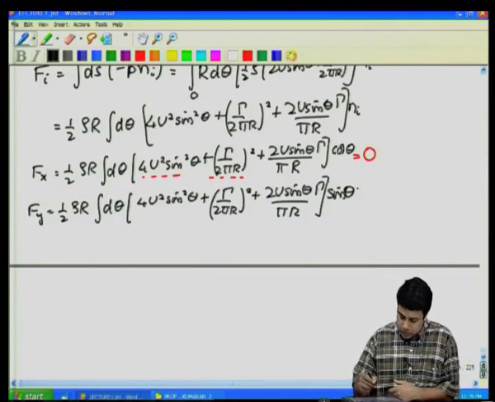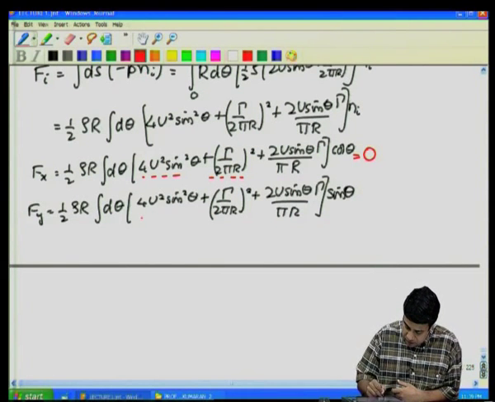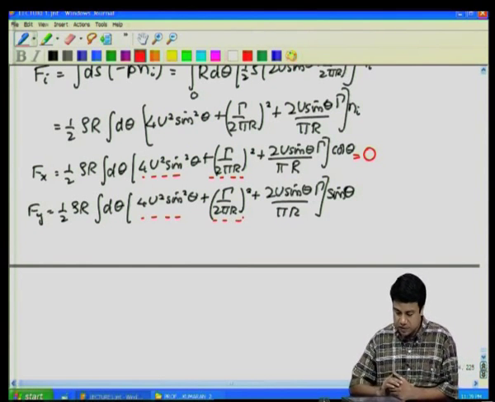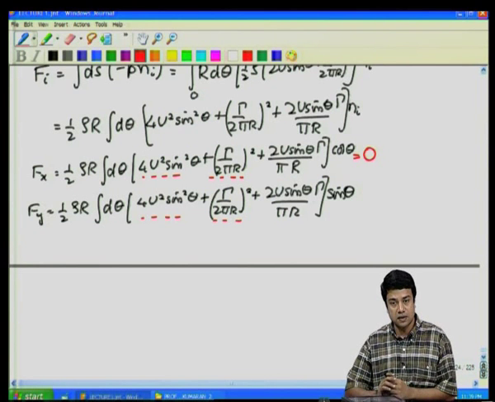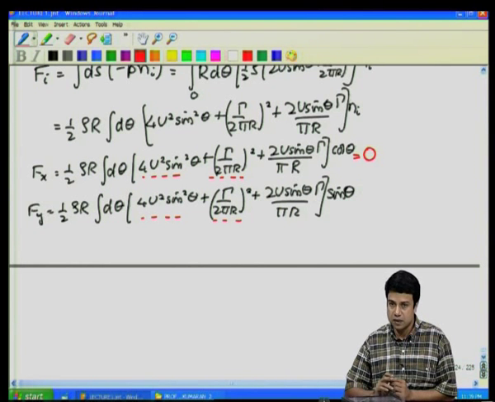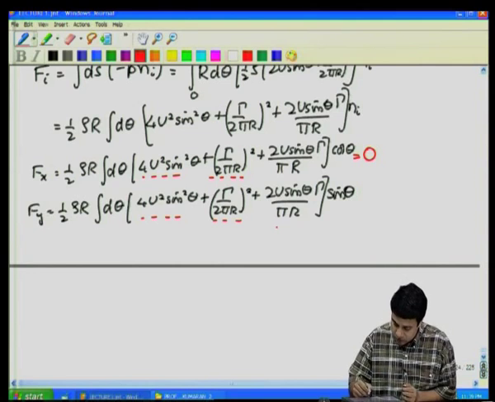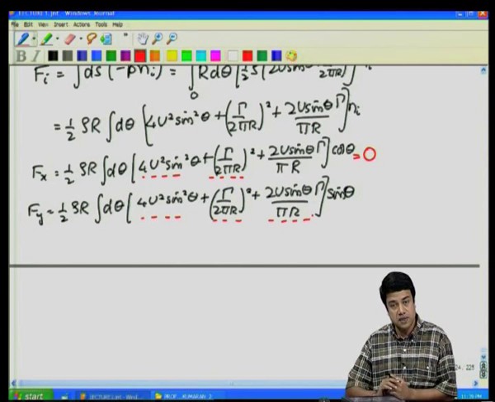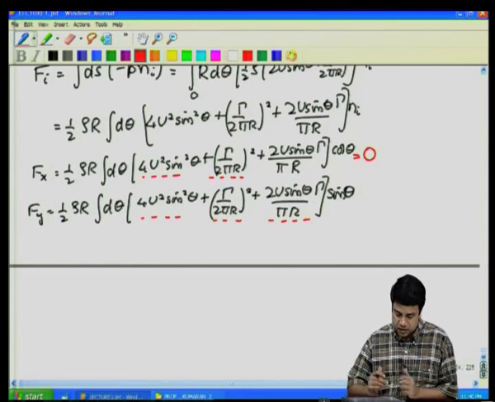Once again, these two terms will integrate to 0, because sin square theta times sin theta is an odd function. Similarly, sin theta times (gamma by 2 pi r) the whole square once again integrates out to 0. The only term that you are left with is 2 u sin theta gamma by pi r times sin theta, sin square theta integrated from 0 to 2 pi.